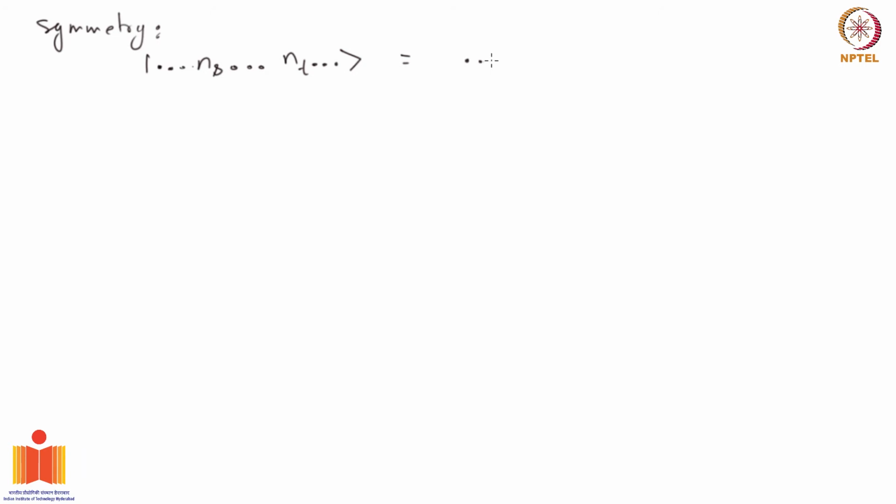You have some A daggers, okay, and then you have A_NS dagger corresponding to this NS, then you have A_NT dagger corresponding to this NT, and then corresponding to those dots you have other A daggers acting on the vacuum of this theory. Okay.